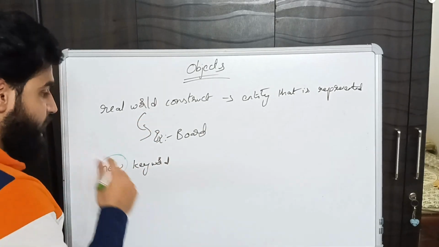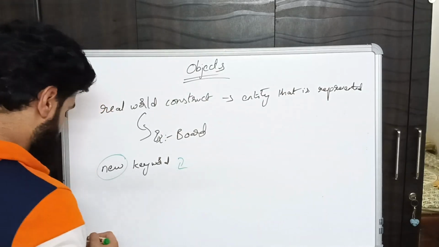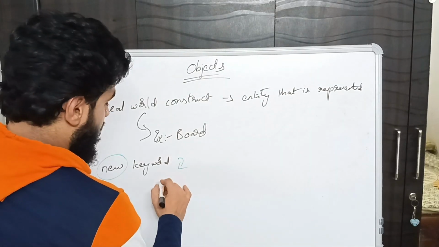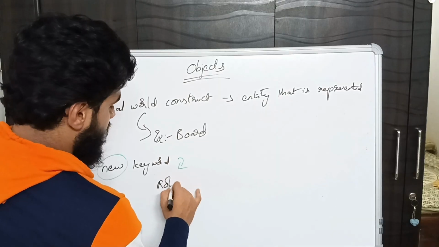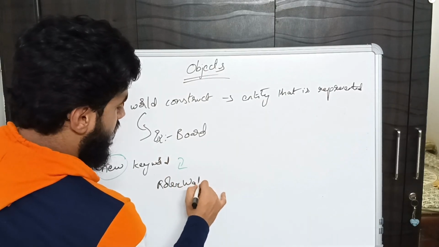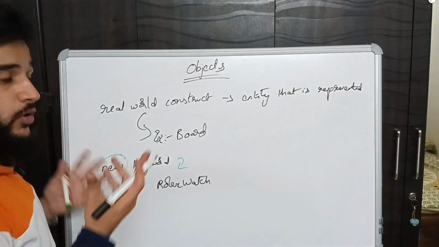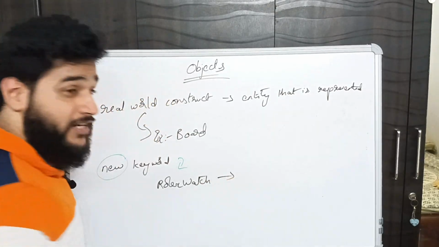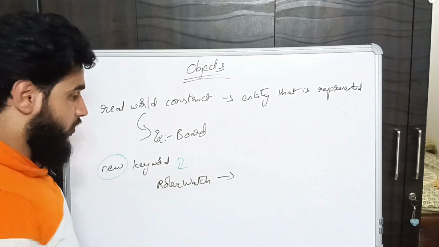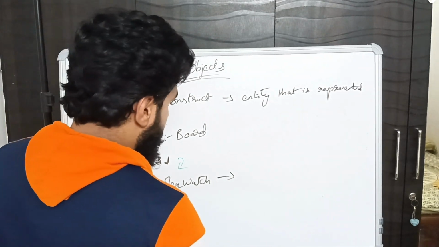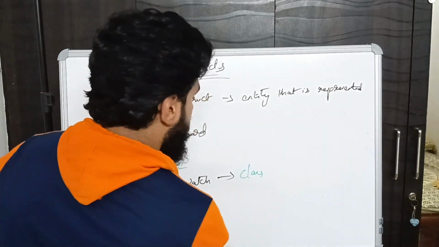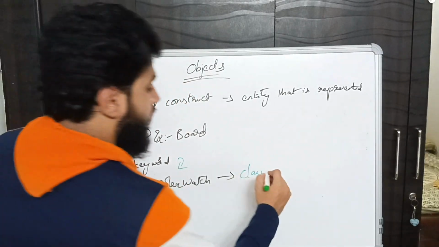For example, if we have a Rolex watch, now we want to represent this Rolex watch in our code. What do we do? Well, the first thing that we do is create a model, which is creating a class. First thing is we create a class.